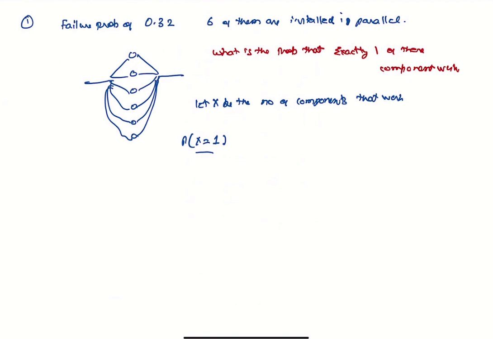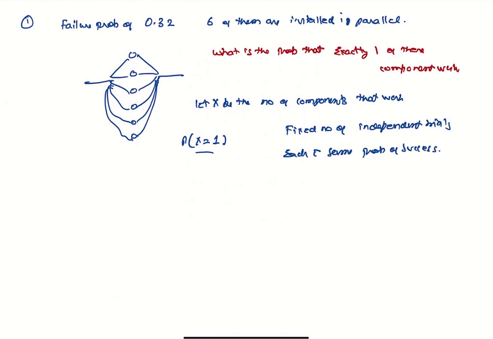So fixed number of independent trials, there are 6 trials, each with the same probability of success.